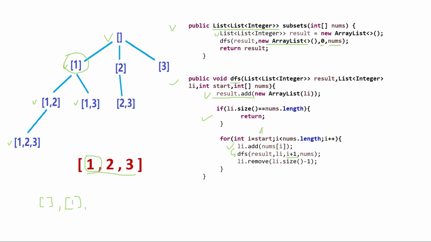This time this i is 1, which means we have to start from 2 to 3, because it is a 0 indexed array. So we have the choice of 2 and 3, but in that list I will now add 2 after 1. So it will become 1, 2, and we will enter into the call and collect it as a result.